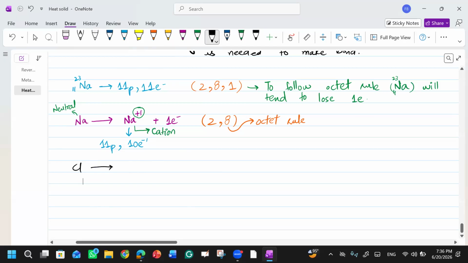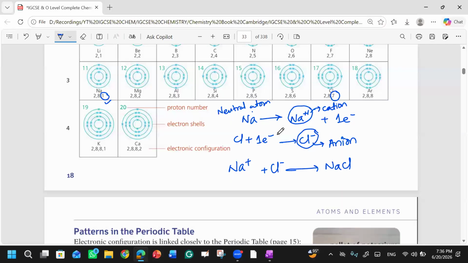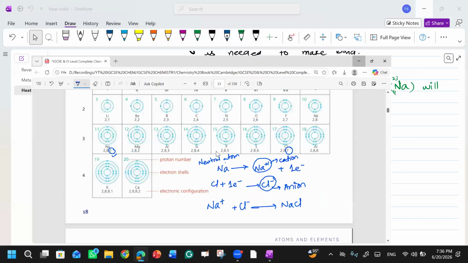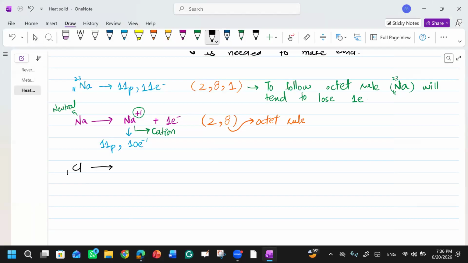What is the atomic number of chlorine? 17 or 18? I think 17. Proton number is 17 and the atomic mass is 35. So how many electrons and how many protons are in chlorine? 17 protons and 17 electrons.